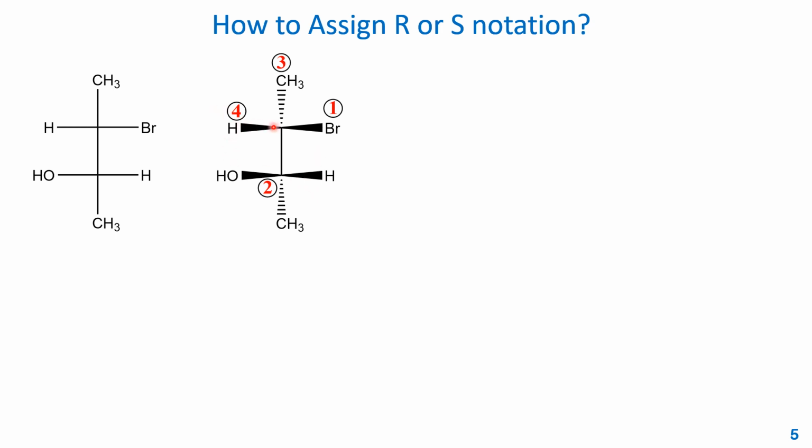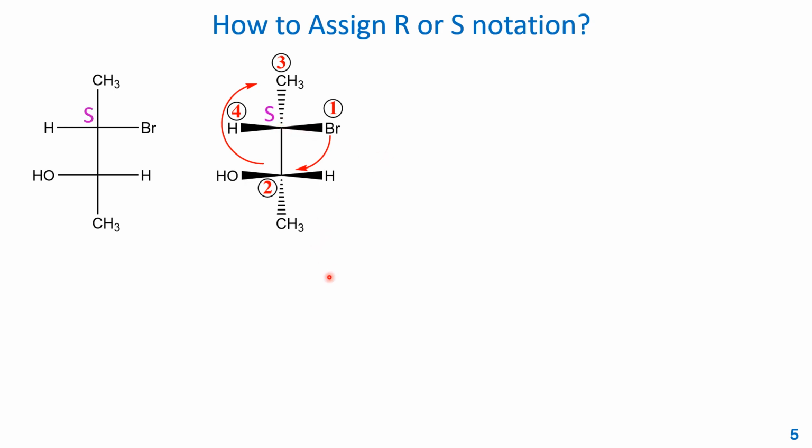Keep that in mind. Hydrogen is pointed to you. It should be away from you. But keep that in mind. 1, 2, 3. The rotation is clockwise. So you have to flip the clockwise to counterclockwise, because this hydrogen supposedly should be away from you. So that gives the asymmetric center here the S notation.